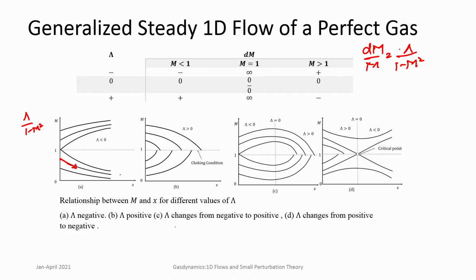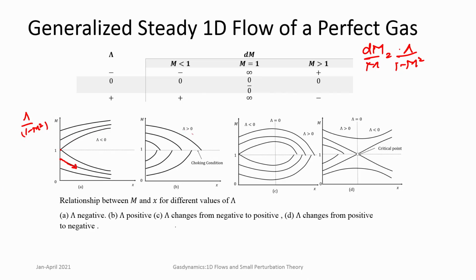This is the direction of how the flow would vary. With lambda being 0, there is no change in Mach number, that is a critical point. But if lambda is negative, a subsonic flow continues to reduce, while a supersonic flow will continue to increase, because 1 minus M square becomes negative, and negative by negative is positive.